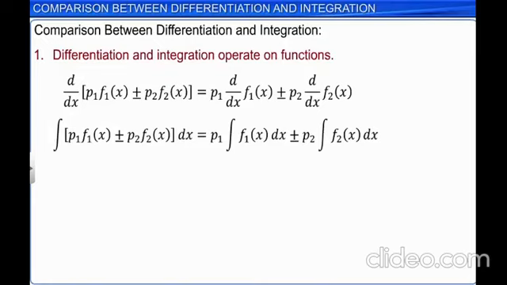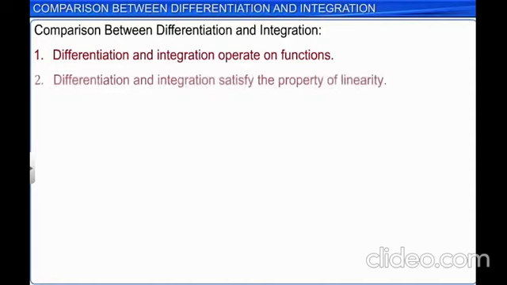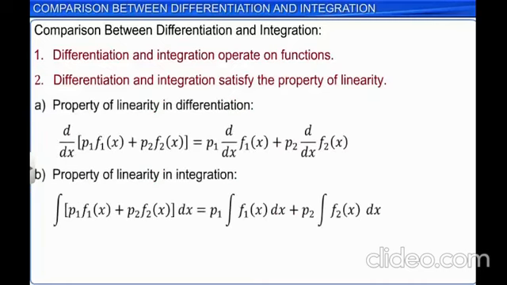In other words, differentiation and integration both satisfy the property of linearity. In mathematics, the property of linearity of differentiation and integration is the most important fundamental property.